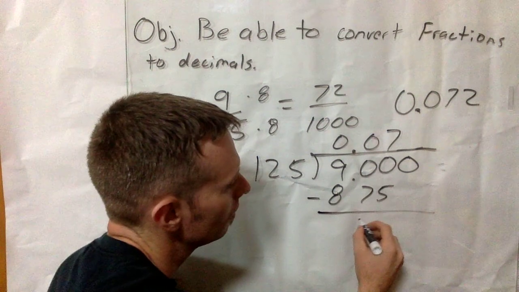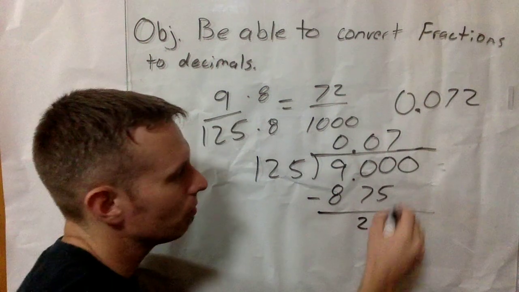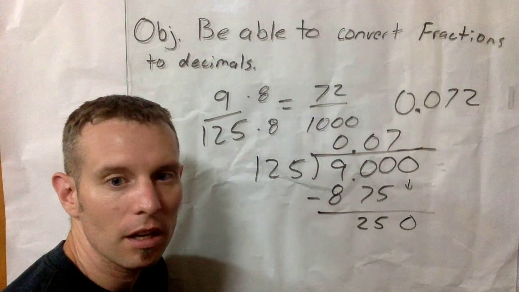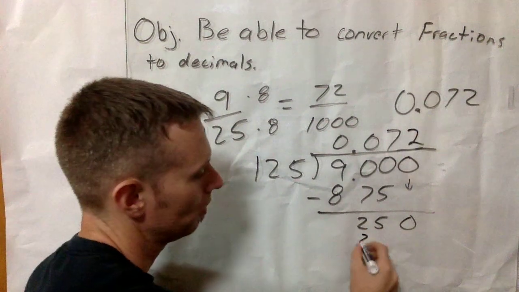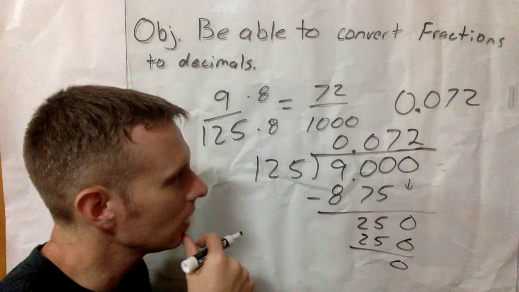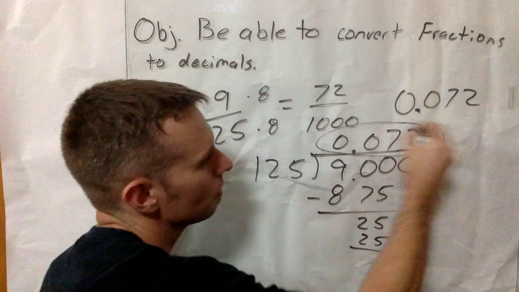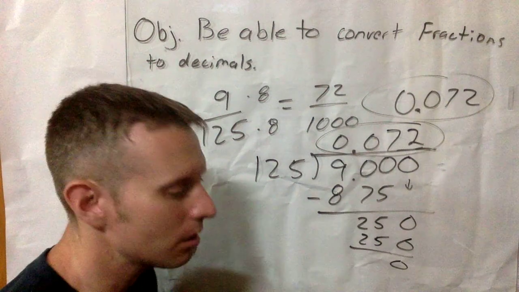We subtract this and we get 250 remaining when we bring down the 0. And 125 goes twice into 250. And so again, we still get the same answer the other way. Those are two ways to convert fractions to decimals.